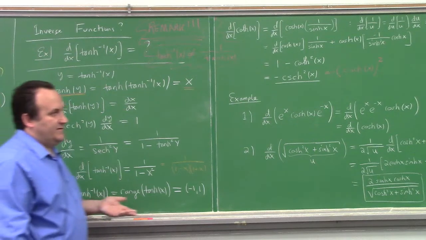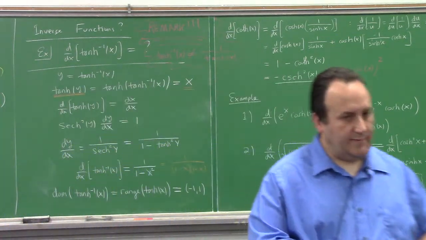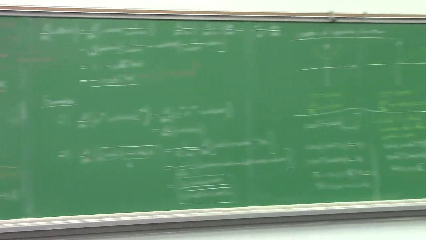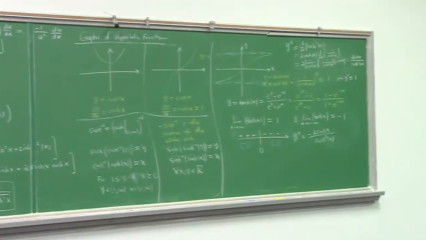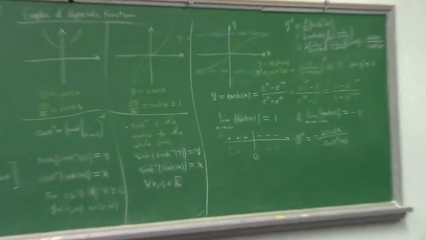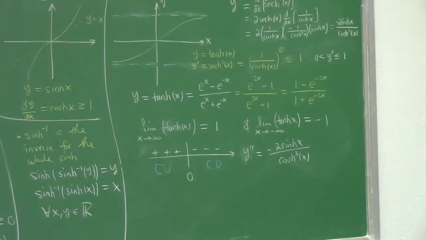And if you go back to the graph of hyperbolic tangent, this is not especially surprising, because the graph of hyperbolic tangent, remember, did what? It had horizontal tangents, right? This is kind of a general theme when we're talking about inverse functions.